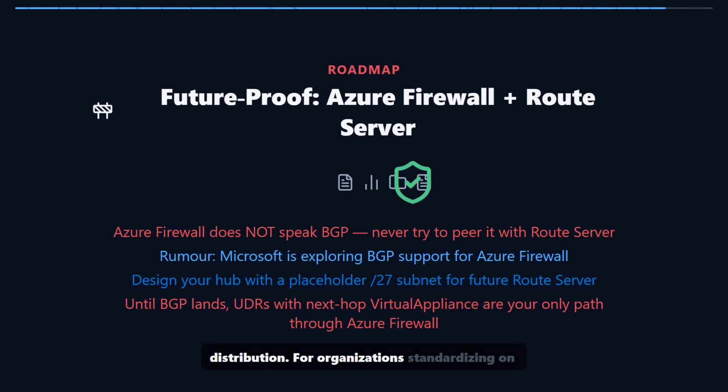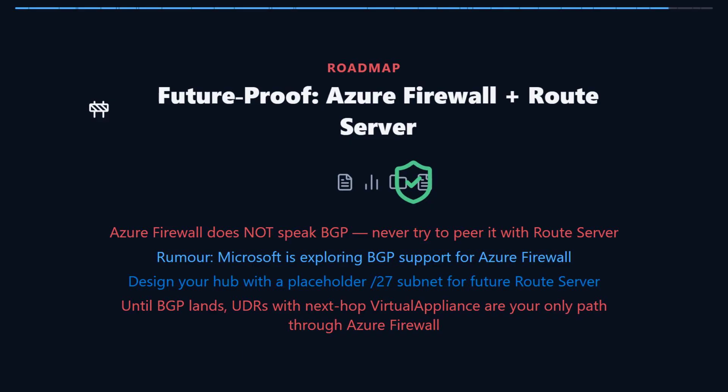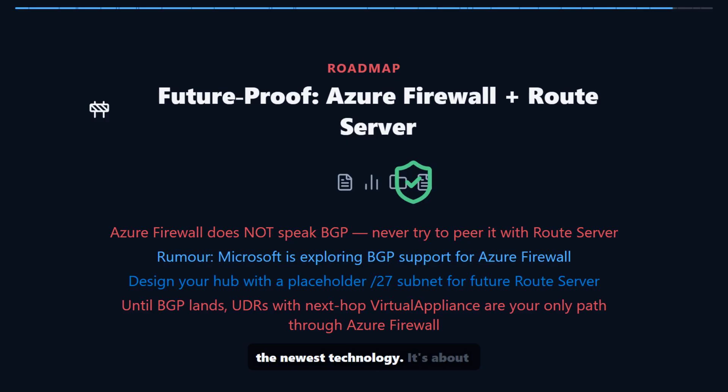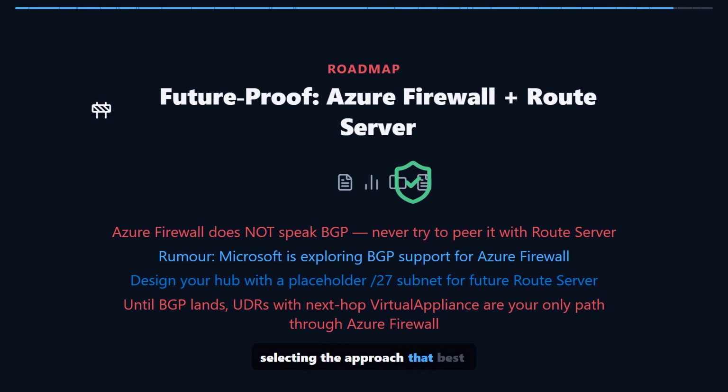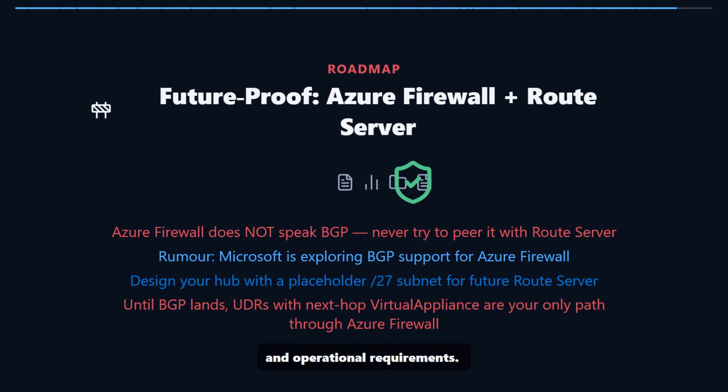For organizations standardizing on Azure Firewall, user-defined routes remain the recommended approach for steering traffic. Choosing the right routing architecture isn't about selecting the newest technology. It's about selecting the approach that best matches your organization's networking, security, and operational requirements.